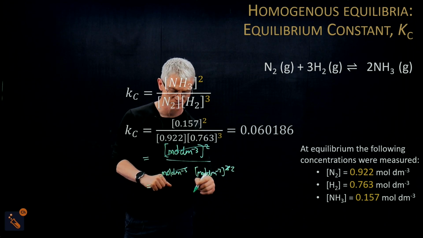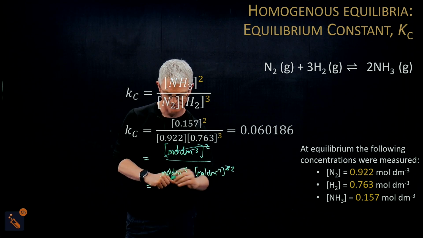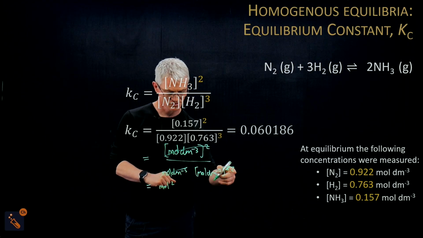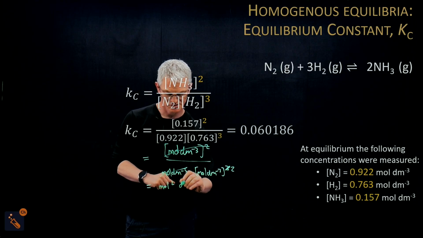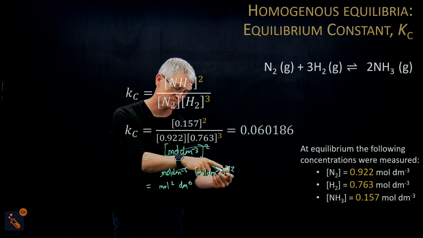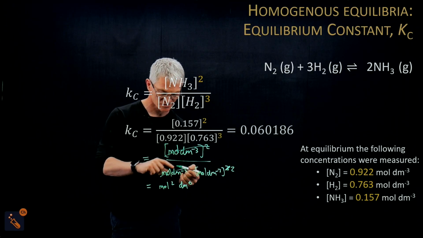So basically that means moles is going to be to the 2, decimeters is going to be to the 6. I deliberately haven't done the minus or the plus sign.